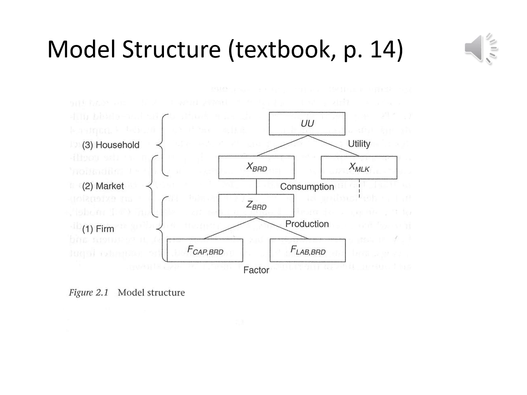So this production is Z. Z is the total bread produced, so ZBRD. This Z is the total amount of output produced in the bread sector.